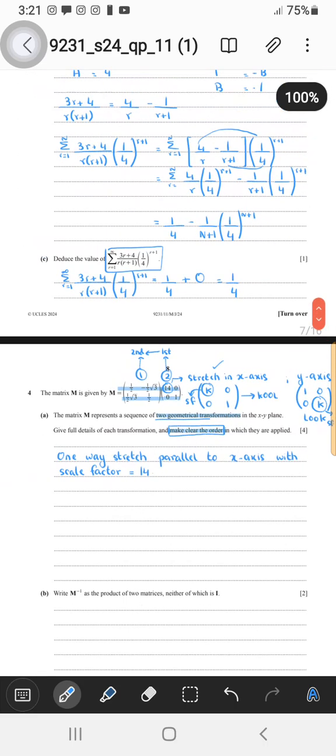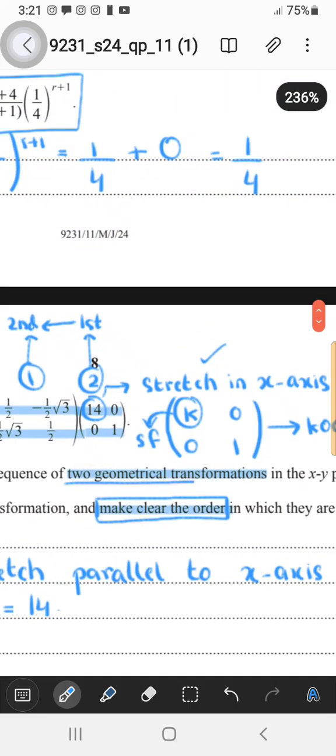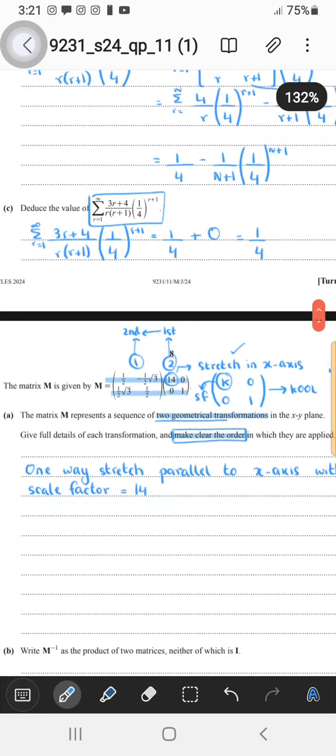Okay, we had discussed all these things, stretch in x-axis and scale factor.